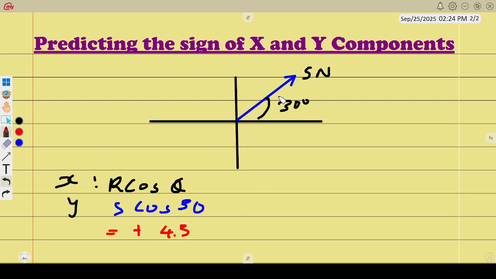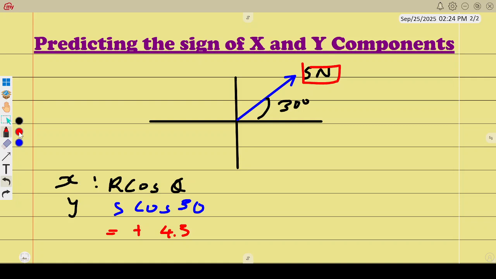In case you find a negative, just know that you are doing something wrong. Here you can have maybe 100 newtons, or an angle maybe 60 degrees, and any magnitude. Always know, in such a case, x will be positive and y will also be positive.